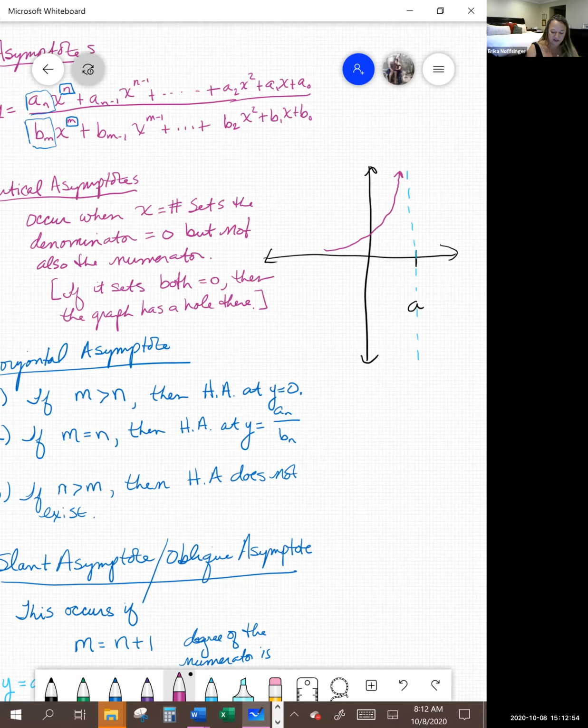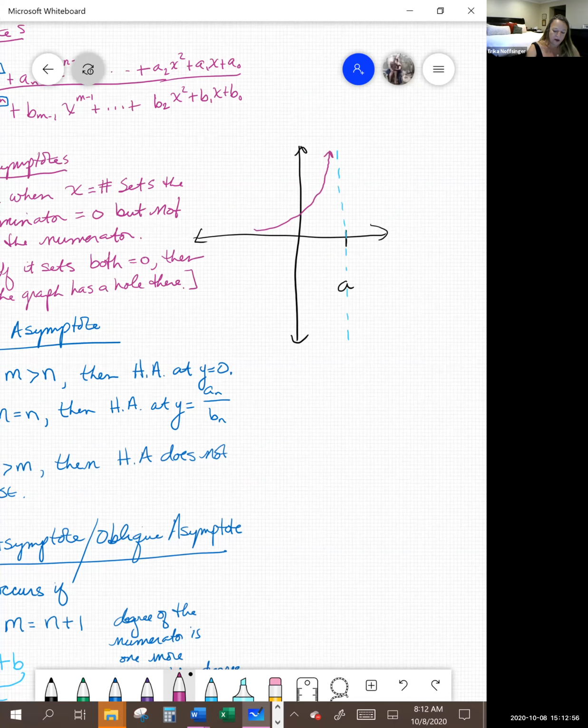Same sort of idea when we're coming in on the right-hand side of x equals a: the graph is either going to shoot downwards to negative infinity, or shoot upwards to positive infinity. So I might have something like this.